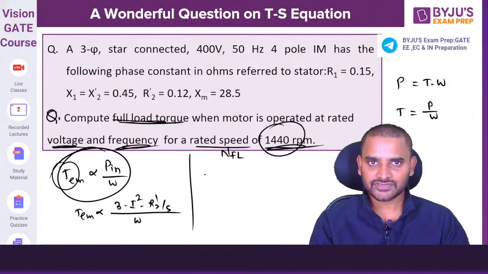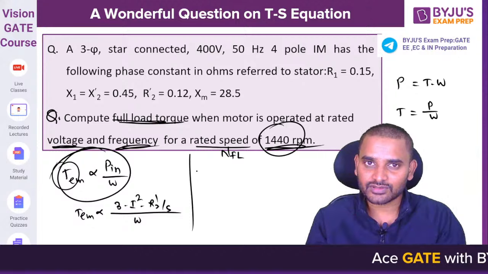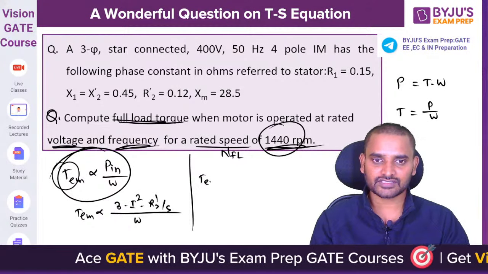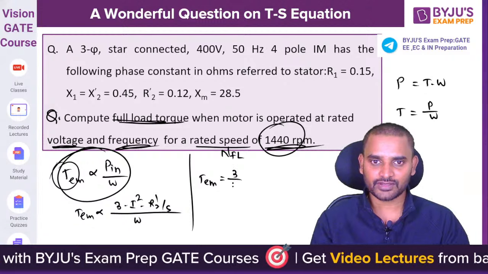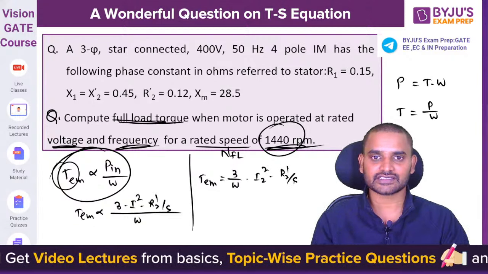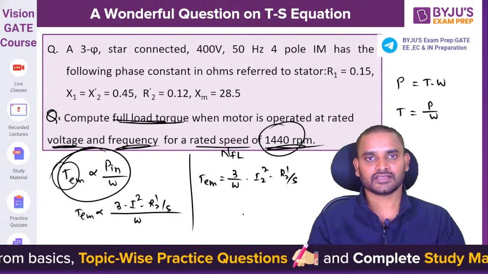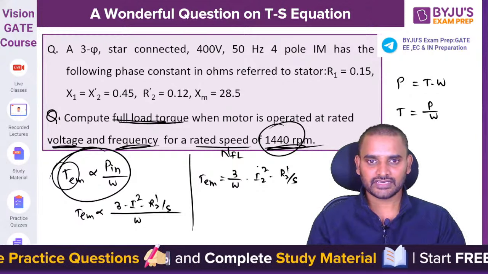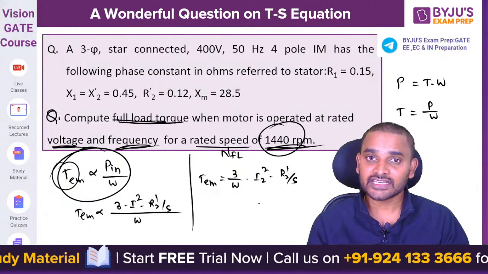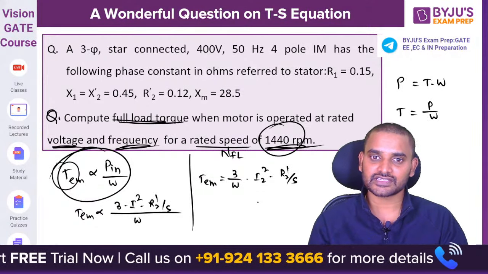So I am just trying to derive the torque equation, so please try to concentrate on this. The electromagnetic torque is equal to 3 by omega into I2 squared into R2 dash by S. Here the rotor current I2 can be written as rotor voltage divided by rotor impedance.